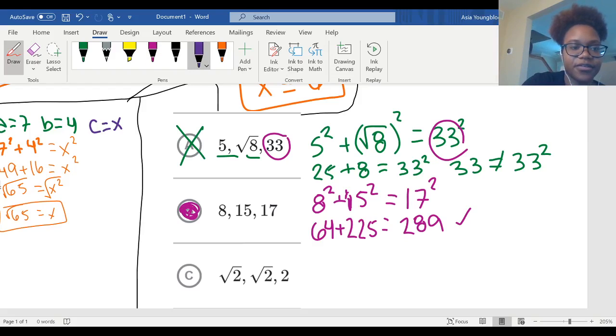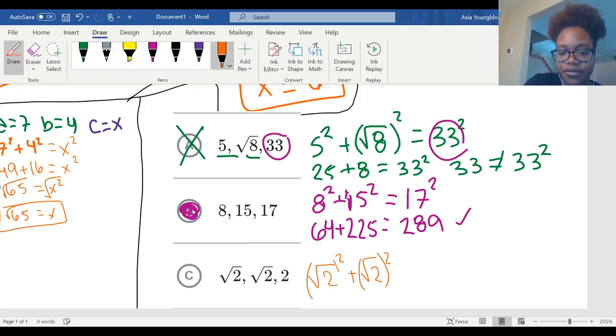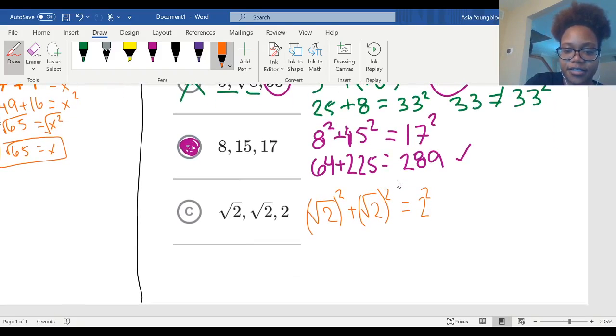Last one we have. So we have, similar to the first one, square root of 2 squared plus the square root of 2 squared equals 2 squared. So that would put us at 2 plus 2 equals 4.